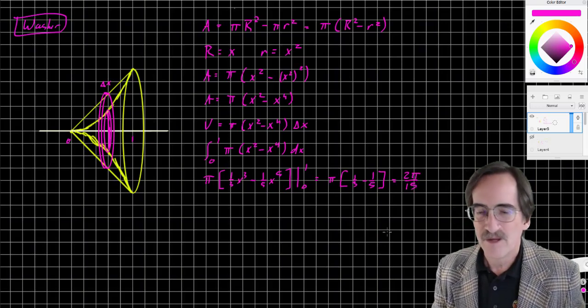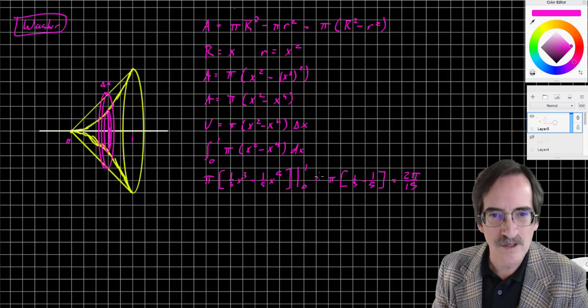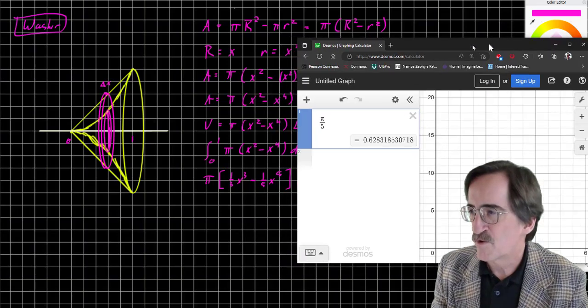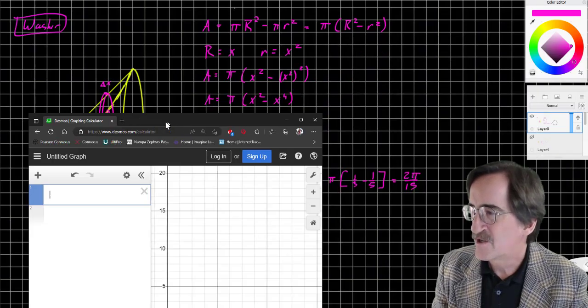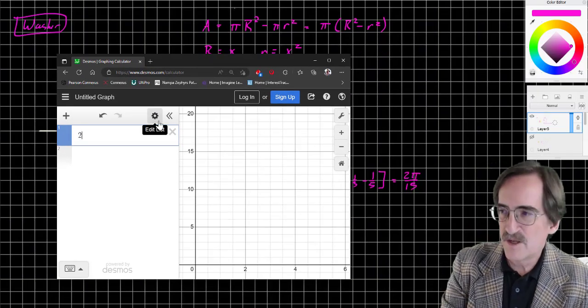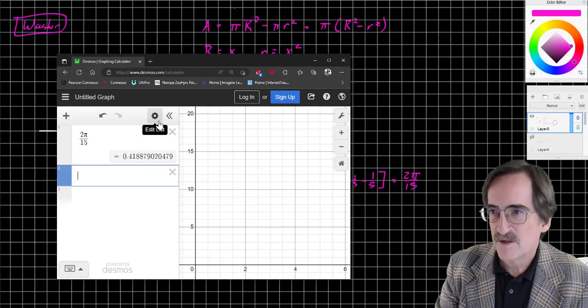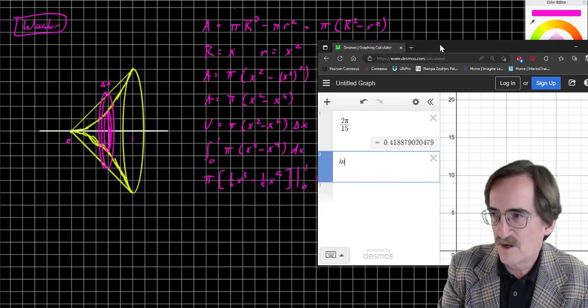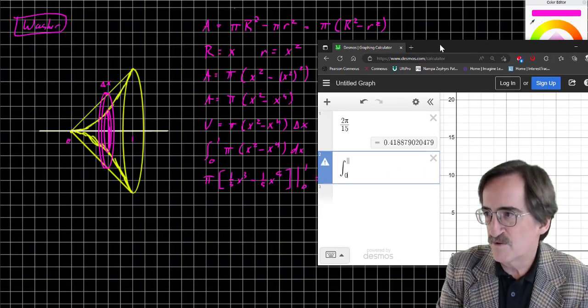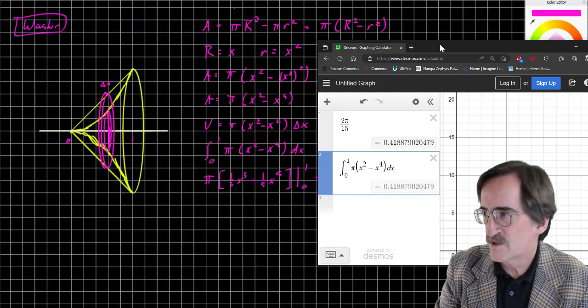Okay, and let's go ahead and check our work here. Here's how I'm going to check it. I'm going to do the definite integral from 0 to 1 of pi times x squared minus x to the fourth dx.